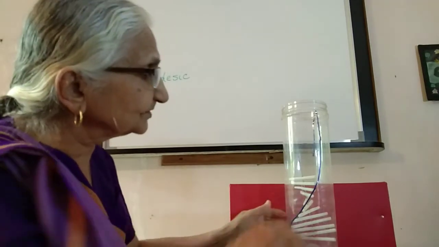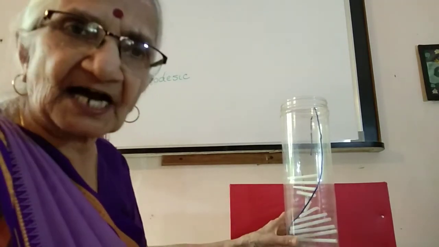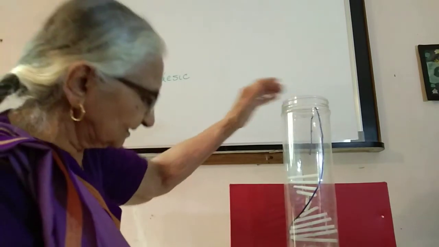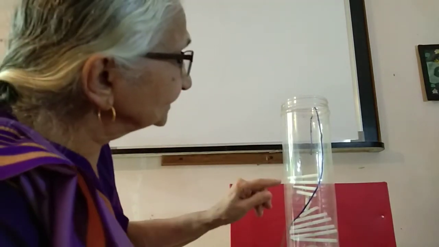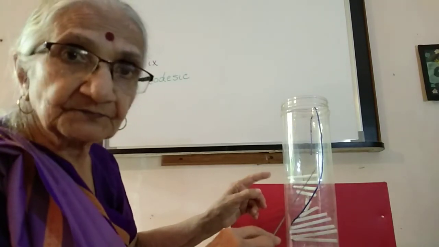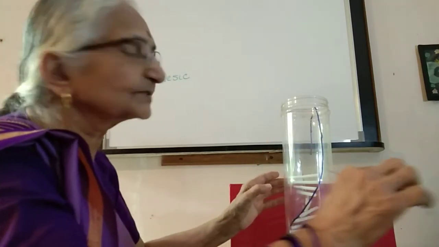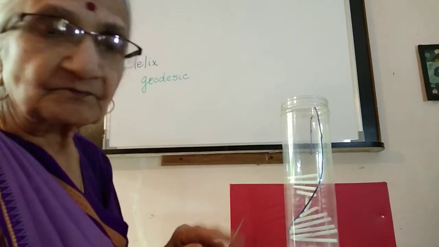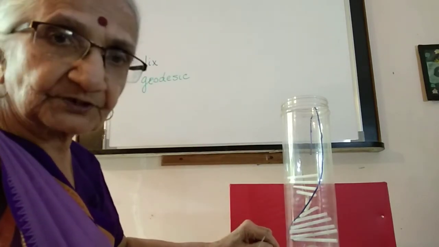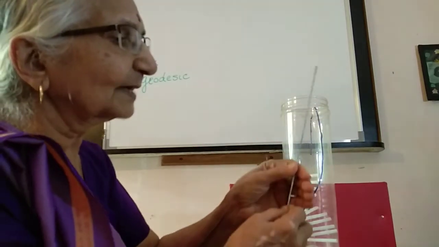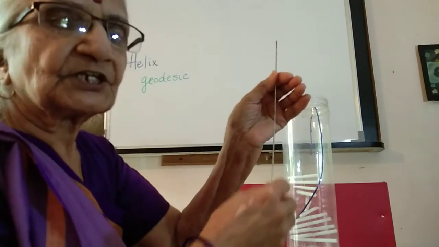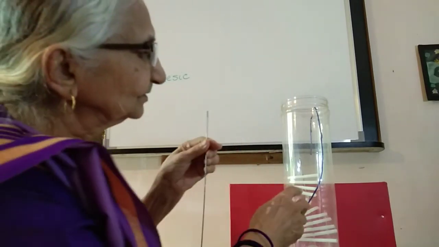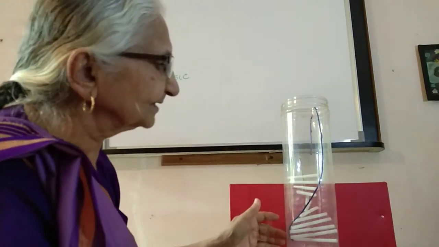Here what I have done is that in this cylindrical jar, I have taken a cycle spoke and cut straw into exactly the length of this diameter of this cylinder. And in the middle, I have put a hole and all my straws are here. And then they have been placed equidistantly and rotated to give the correct angle, and that gives you the helix.